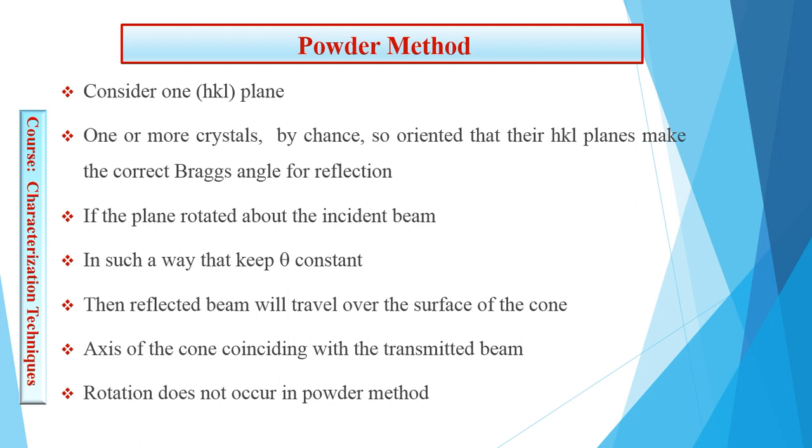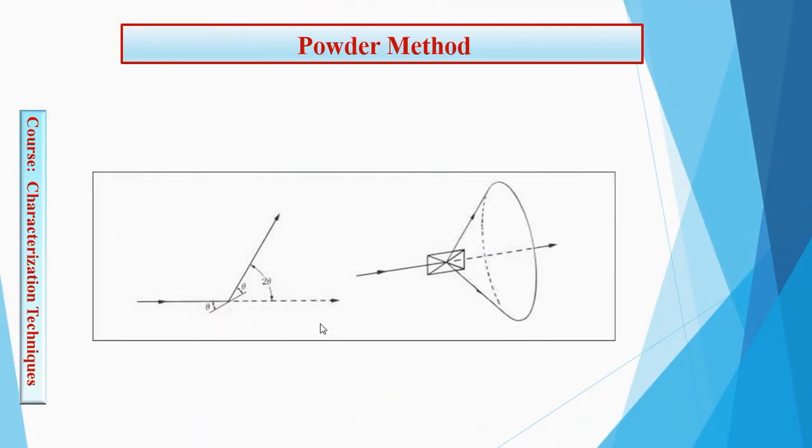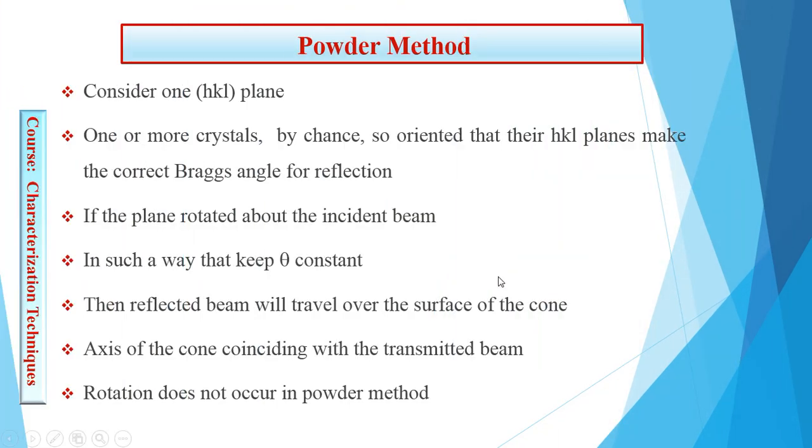If the planes are rotated about the incident beam in such a way that keeps theta constant, then the reflected beams will travel over the surface of a cone, like this. The reflected beam lies on the surface of the cone, with the axis of the cone coinciding with the transmitted beam.